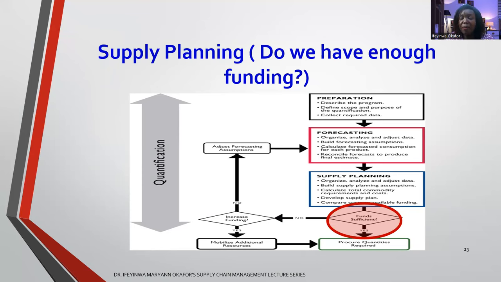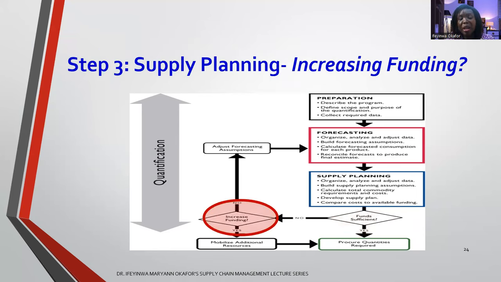If yes, then we go ahead and procure. If no, we need to mobilize for more funds. If we finish estimating the amount that we need to procure the goods, and then we look inside our facility and don't have enough funding, then the next thing for us to do is to mobilize for more funding.